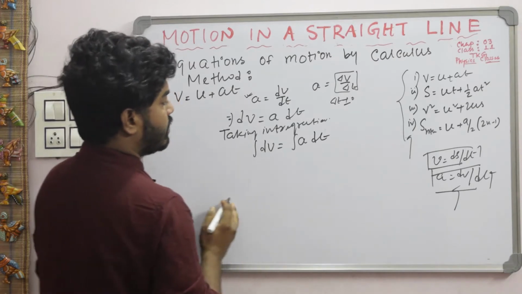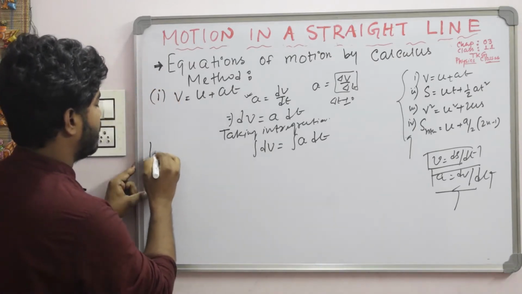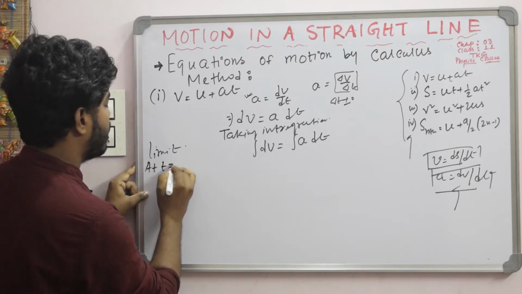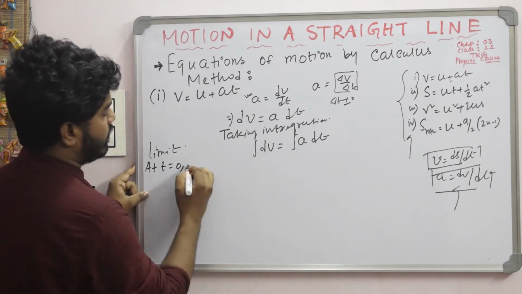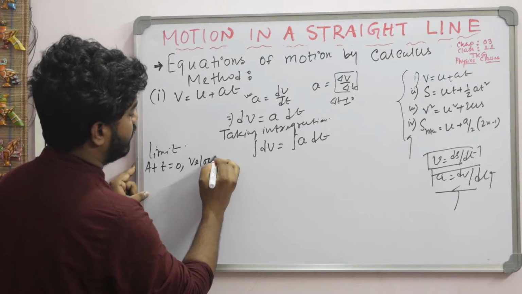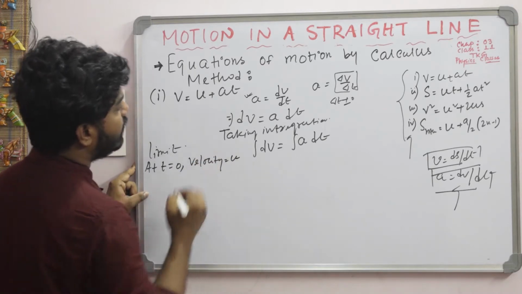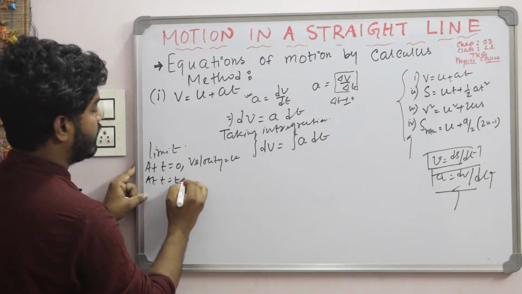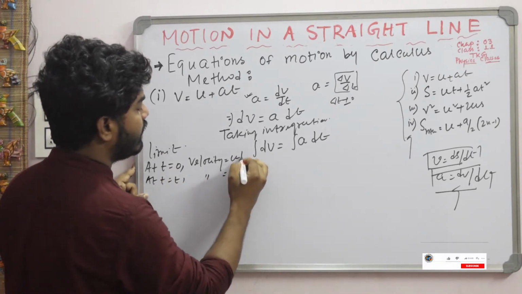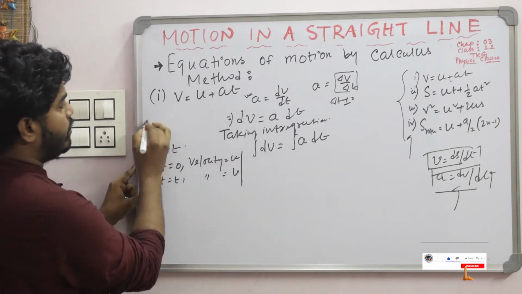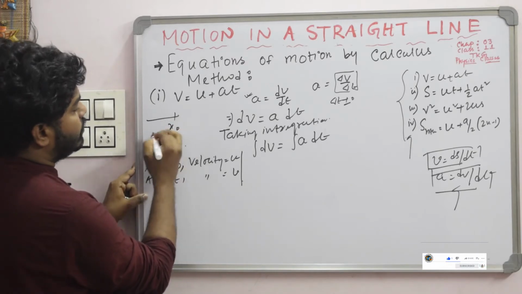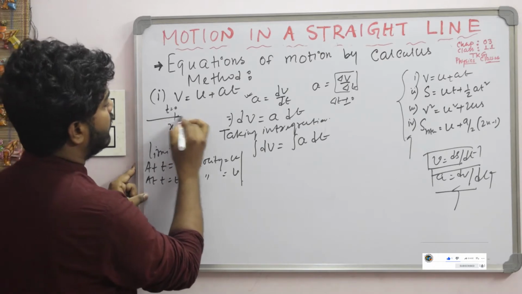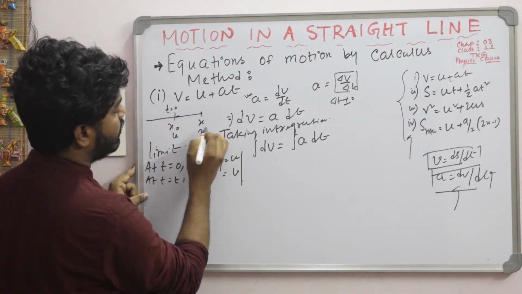Now you know, just use limits. At t is equal to 0, suppose the velocity is the initial velocity u, and at time t the velocity is represented by v. Here at time 0 the position is x naught and velocity u, and at time t the position is x, final velocity v.